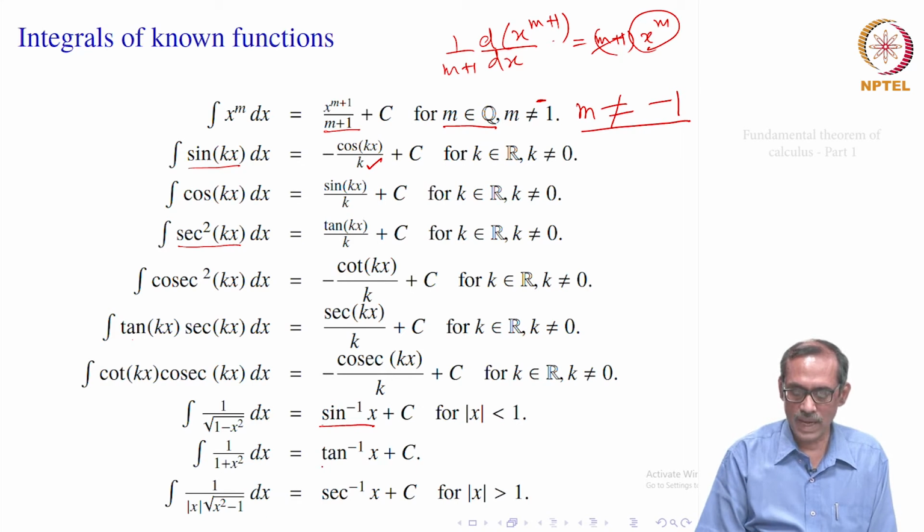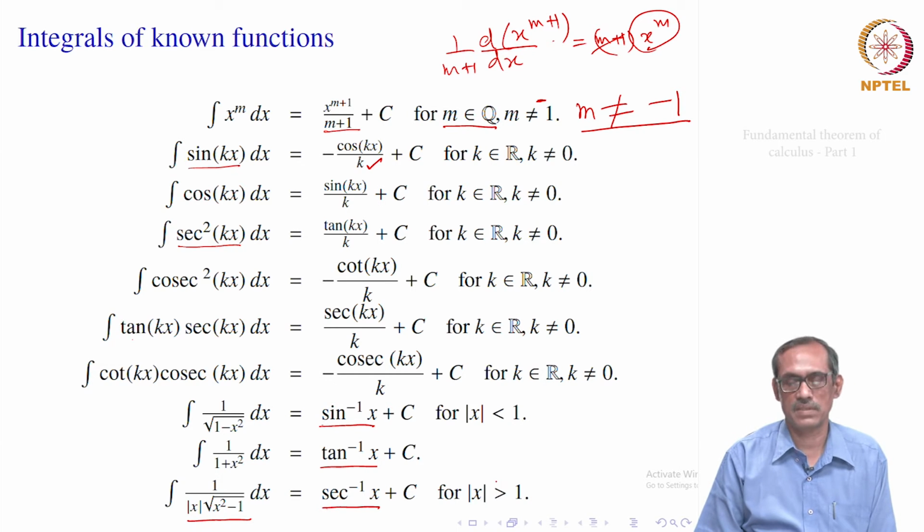Then similarly, tan inverse x has the derivative 1 by 1 plus x square. So, we write the indefinite integral of 1 by 1 plus x square dx equals tan inverse x plus c. Similarly, secant inverse x has the derivative 1 divided by mod x times square root of x square minus 1, so its integral will be secant inverse x for mod x bigger than 1.